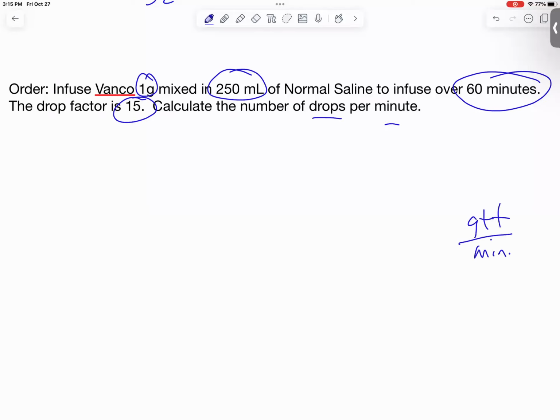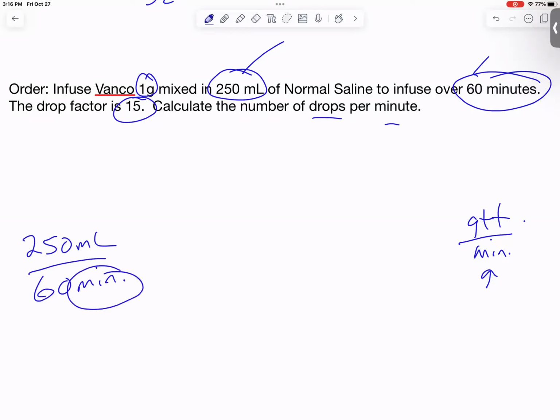So I'm looking at a rate, so I'm looking for that volume over time. So I have 1 gram in 200. No, I'm so sorry, I just had a brain freeze. I have to give 250 milliliters in 60 minutes, volume over time. So 250 milliliters over 60 minutes.